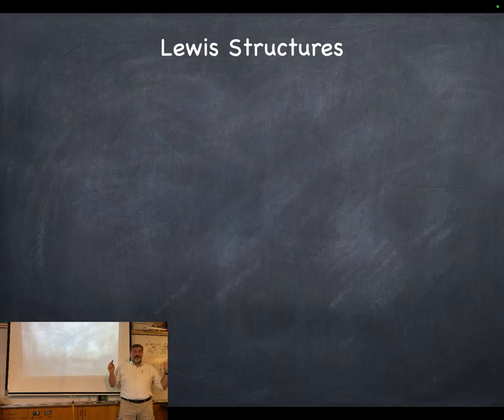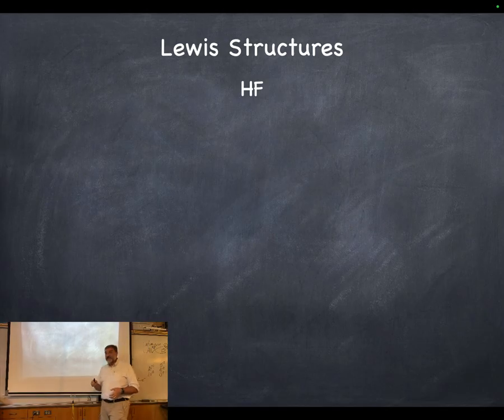Okay? All right. So, operationally, what do we need to be able to do? You need to be able to draw what we call a Lewis dot diagram or a Lewis structure. This starts off with a chemical formula. This is hydrogen fluoride. So, hydrogen fluoride is hydrogen bonded to fluorine. They're both nonmetals.